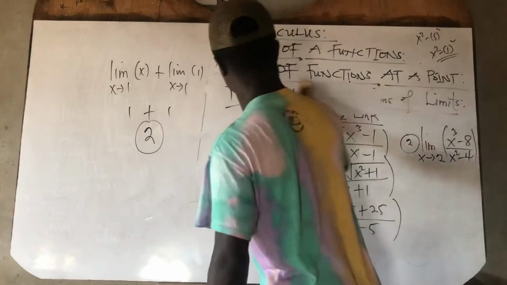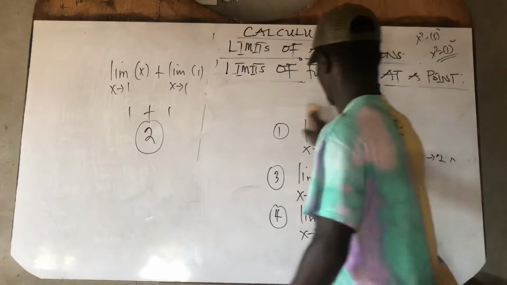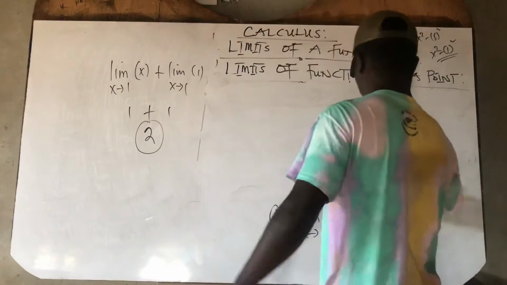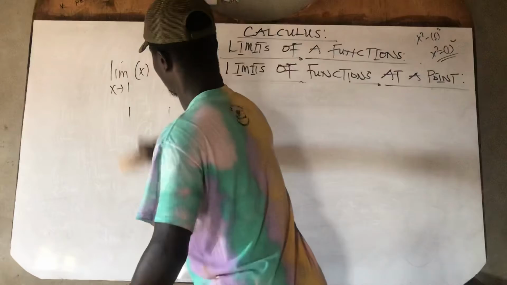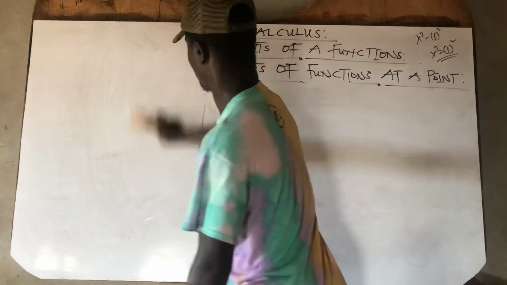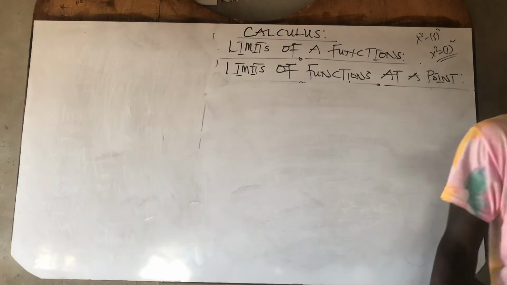We are done with the type 2 and the limit of functions at a point. So let's move to the type 3. Type 3. We are moving to the type 3.